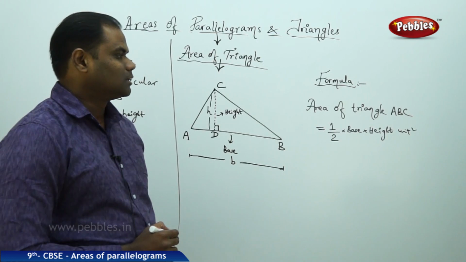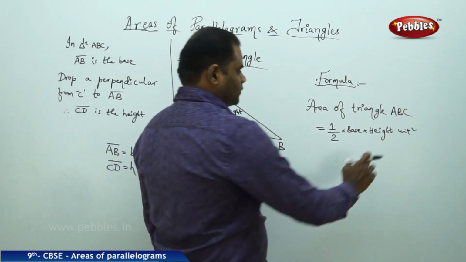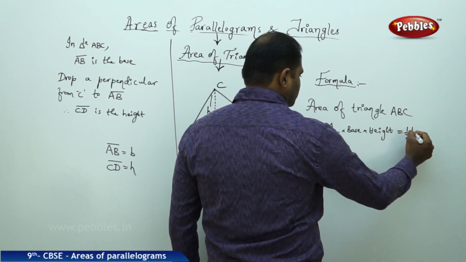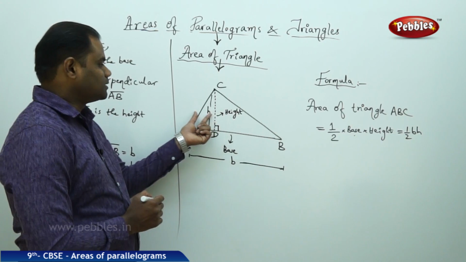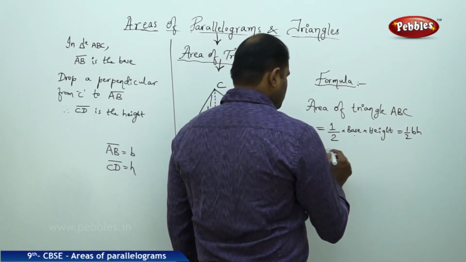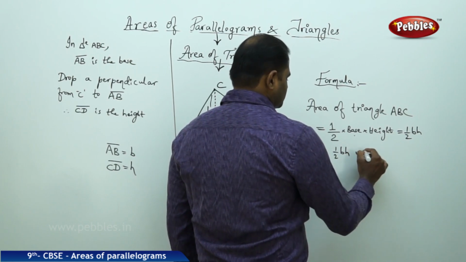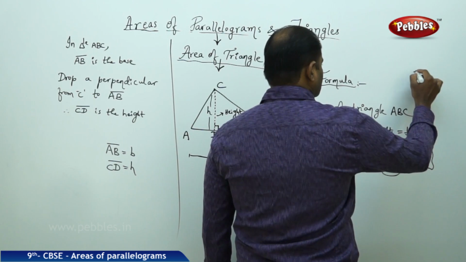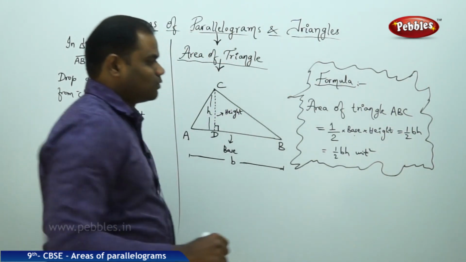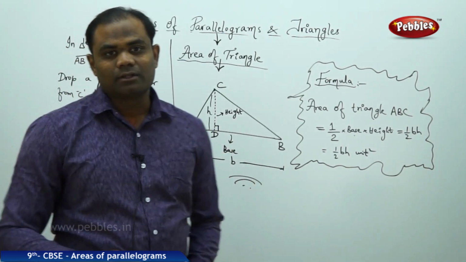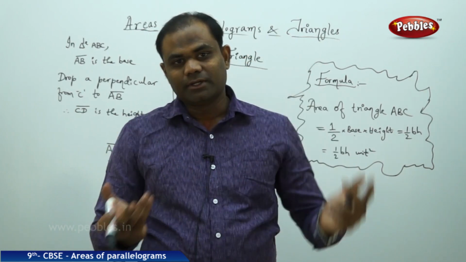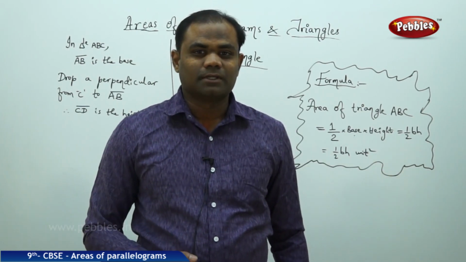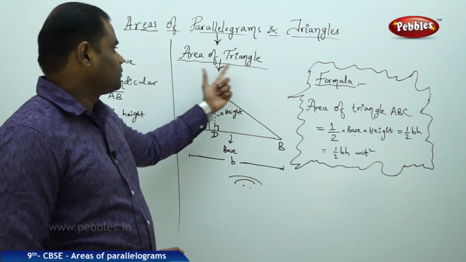So half into base into height is the formula for area of triangle, which can be reduced as half BH, because my base is B and my height is H. So area of triangle is half base height, is how we understand the area of the planar region triangle.